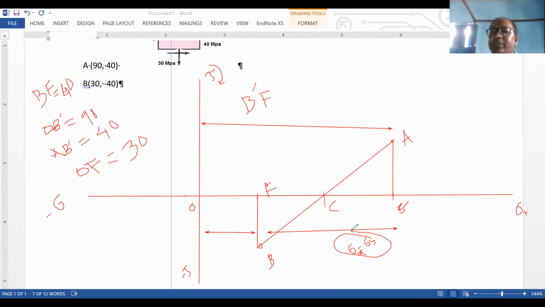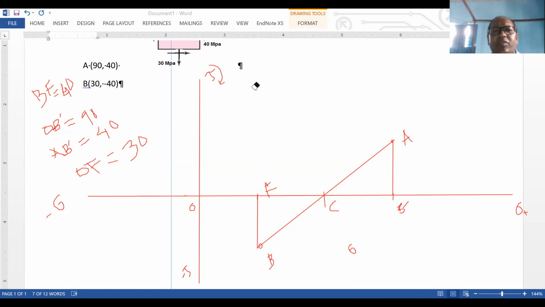You now need to make a circle. Okay, so I am erasing this line, this one, this line, erasing this one. Now I'll make a circle. When I make the circle, C is the center, so the radius will be AC and the radius will be BC.